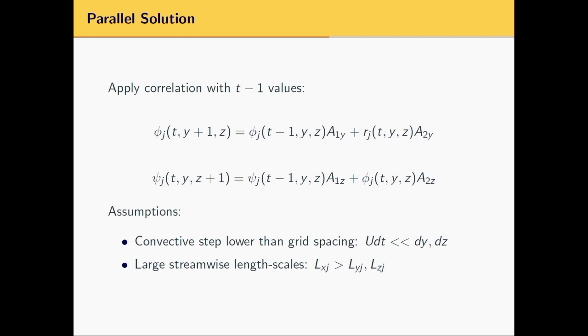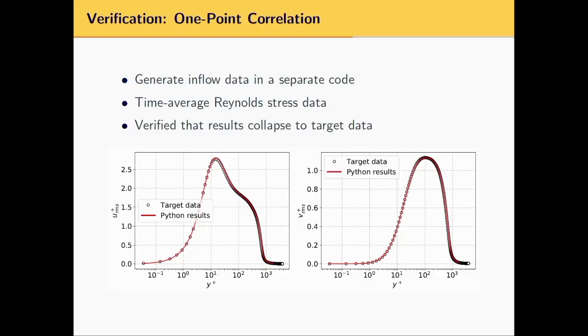So on paper, it at least looks like it should work, but you obviously have to verify that it does. This is just applying the method to a Python code which does the whole method, and basically generates thousands of planes of inflow data, which can then be time averaged.